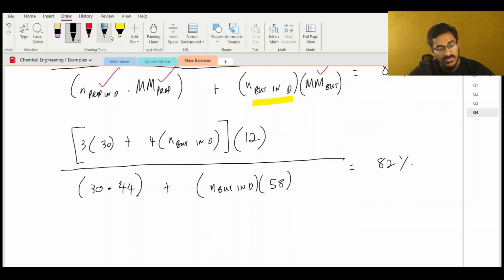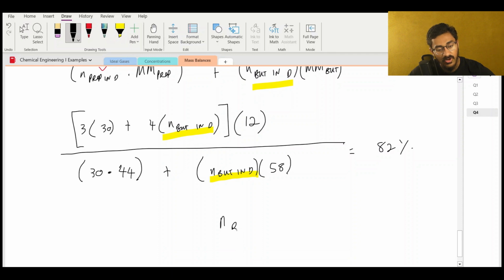So if you've got a programmable calculator, you just put this entire equation in, and it will iterate for you until it finds the correct answer, and it will say that the number of moles of butane in the distillate should equal 5.455 kilomoles per hour. And that's it.